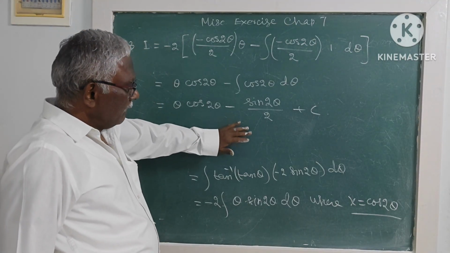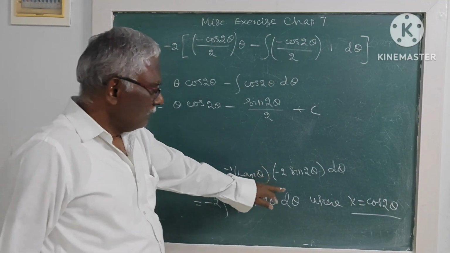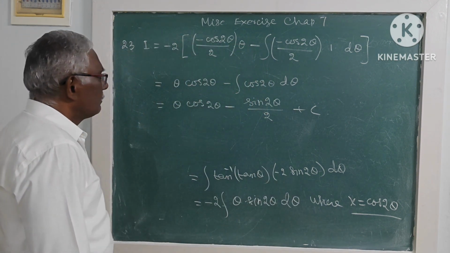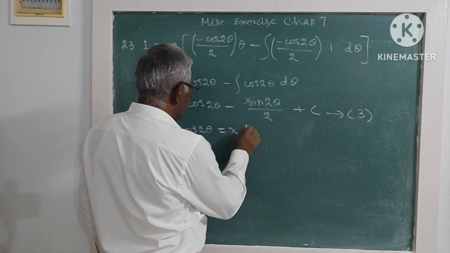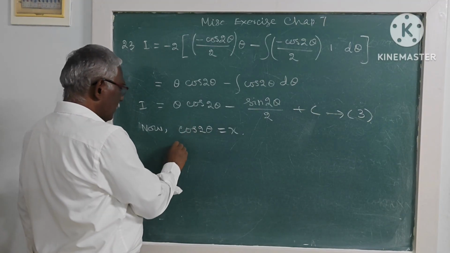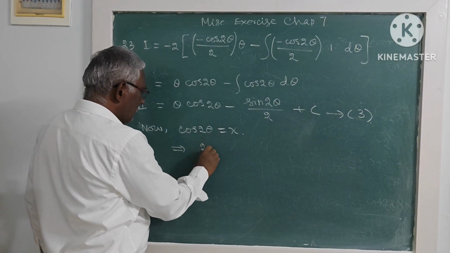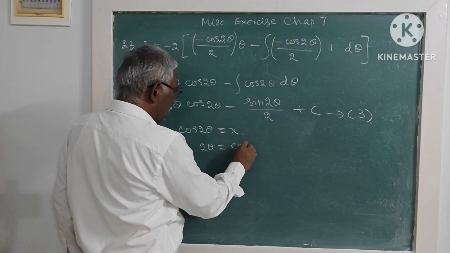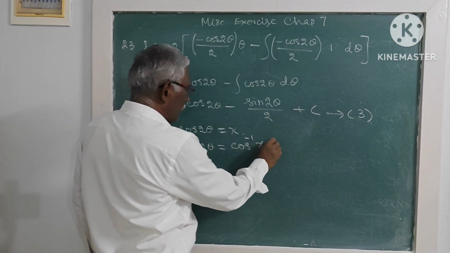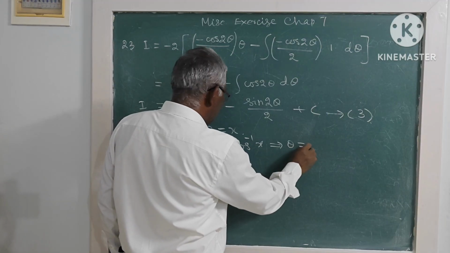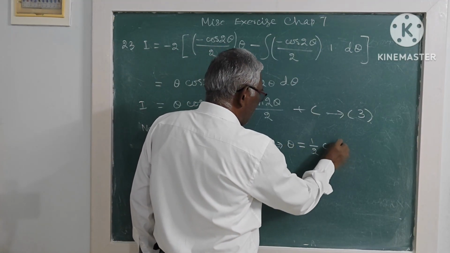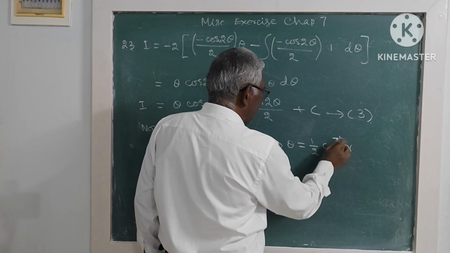Now we have to go back to x by using this relation. x is cos 2 theta. Cos 2 theta is x. So from here we can write 2 theta is equal to cos inverse of x. This gives theta is equal to half times cos inverse x.